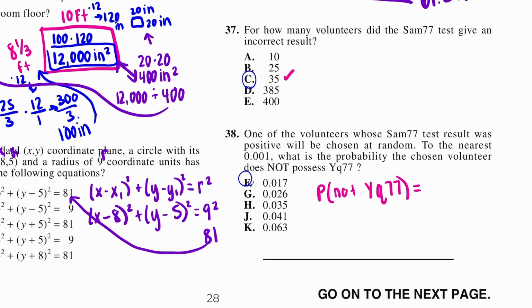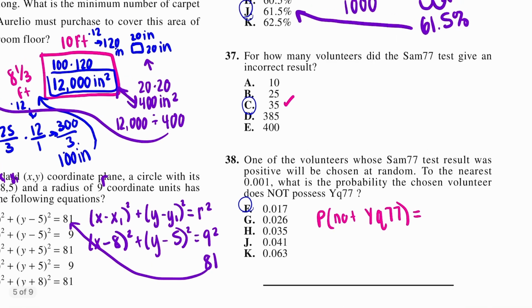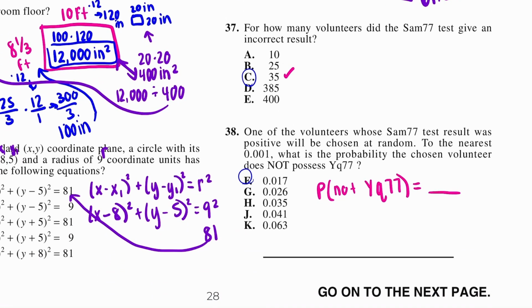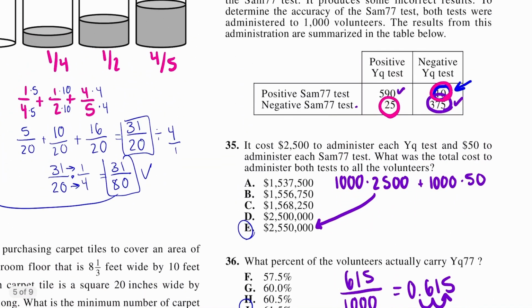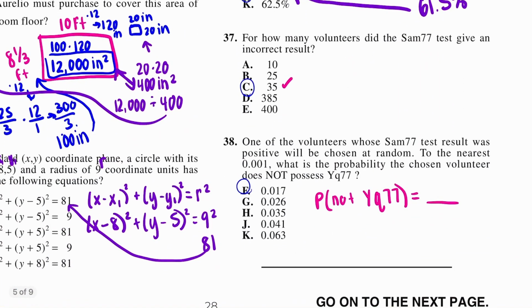All right, so one of the volunteers who tested positive for SAM77. So let's see how many people tested positive for SAM77. Let me erase my drawings here. So all these people tested positive and all these people tested positive for SAM77. So 590 plus 10 is 600.